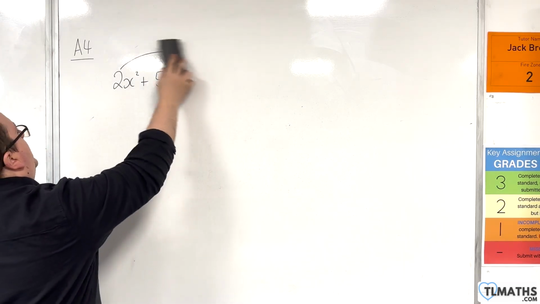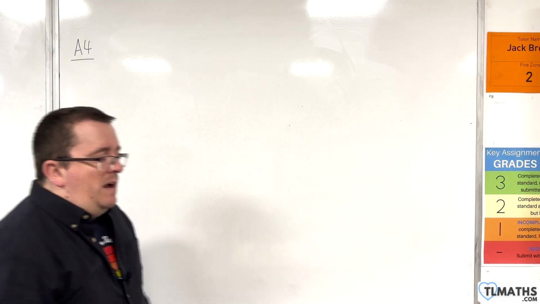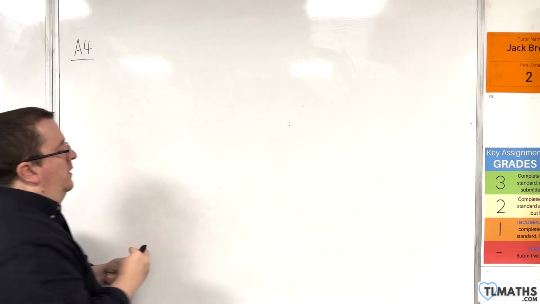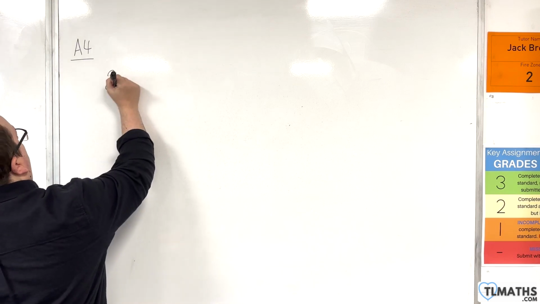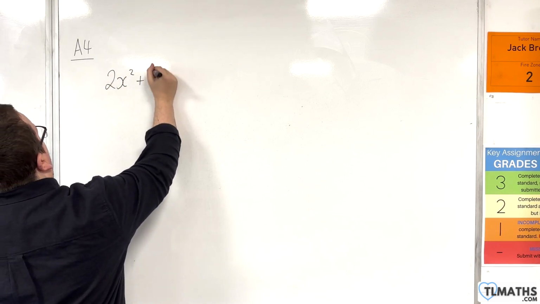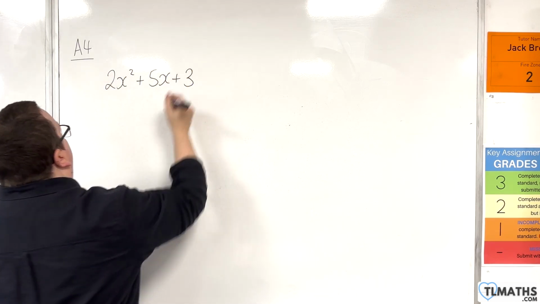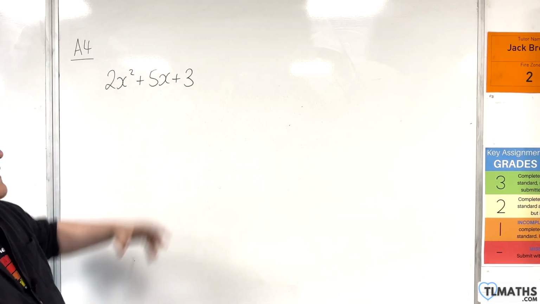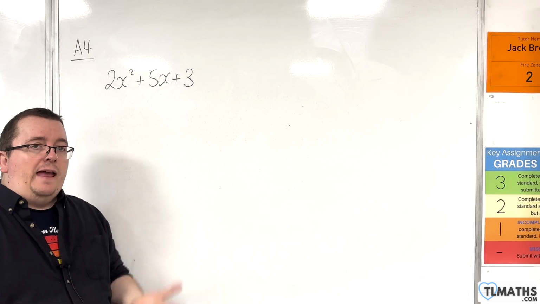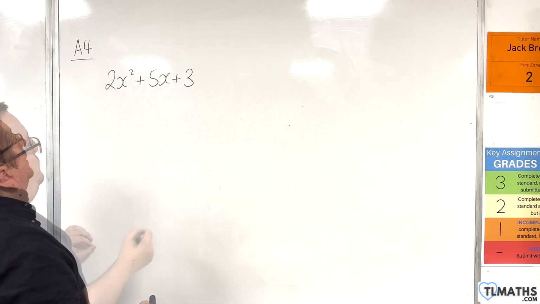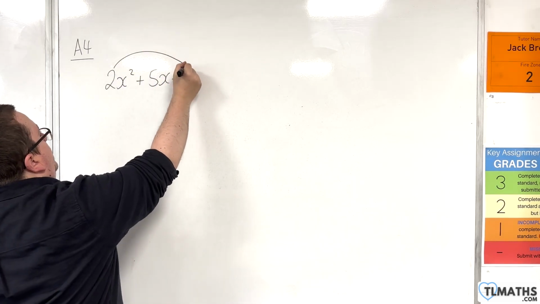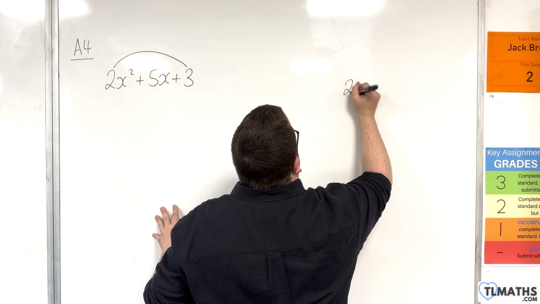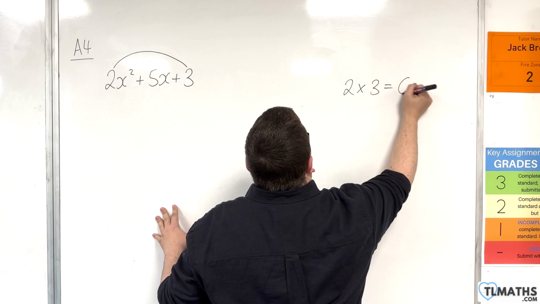But at the end of it, it's really about making sure that you can factorise an expression such as, here's another example, 2x squared plus 5x plus 3. So let's go back to an example like this and see that process again, okay? We multiply the 2 by the 3, the coefficient of x squared by the constant term. So 2 times 3 is 6.